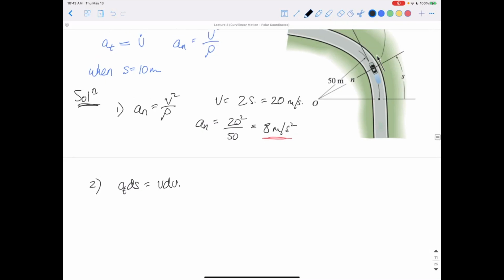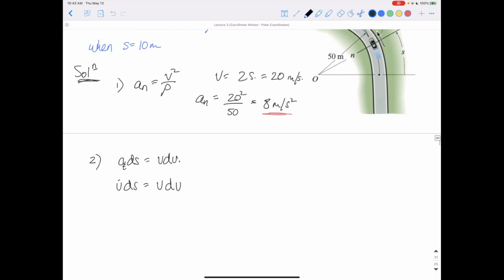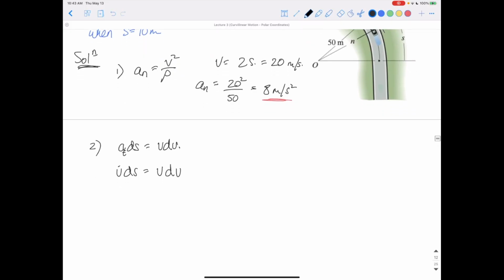So we can write v dot times ds is equal to v dv. So we have this equation. Where will we go from here? v dot is then equal to v times dv by ds.